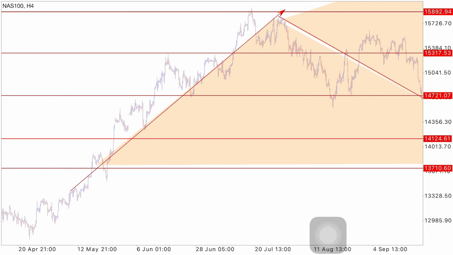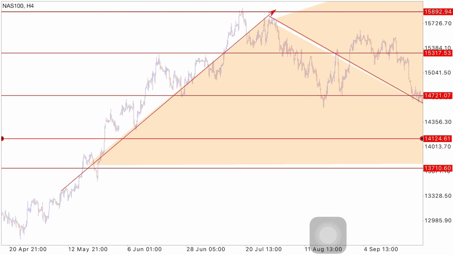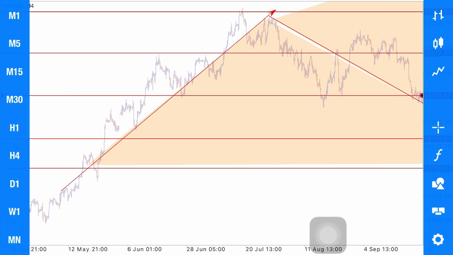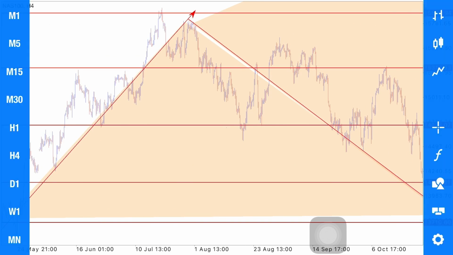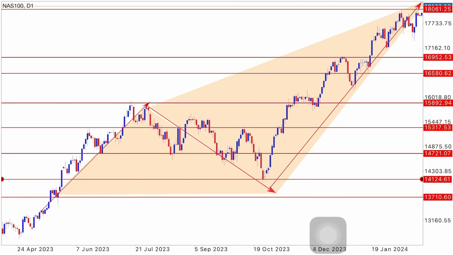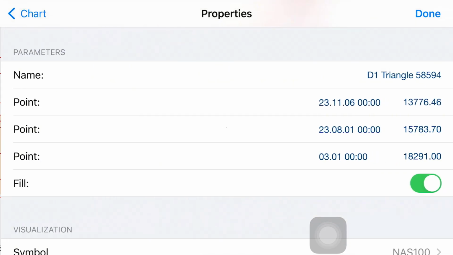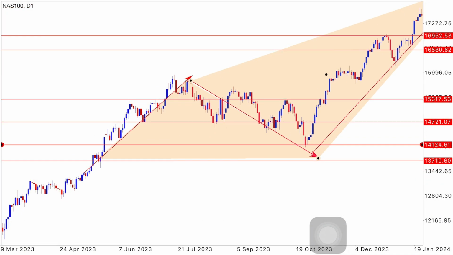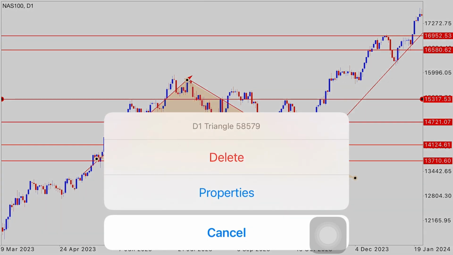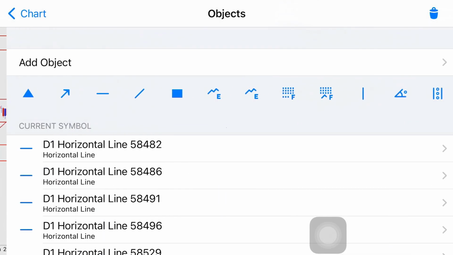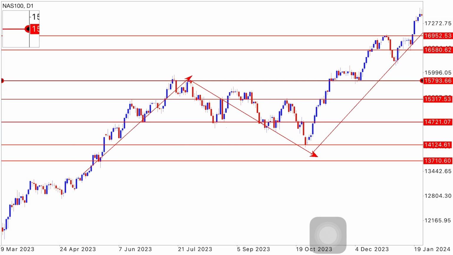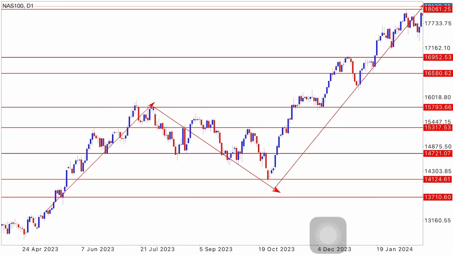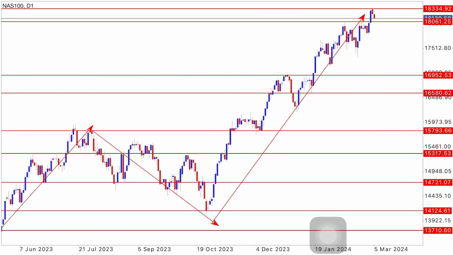Okay, so looking at this, let me just remove this so I can give a clear picture of what Nasdaq has been doing recently, or in the past few months.